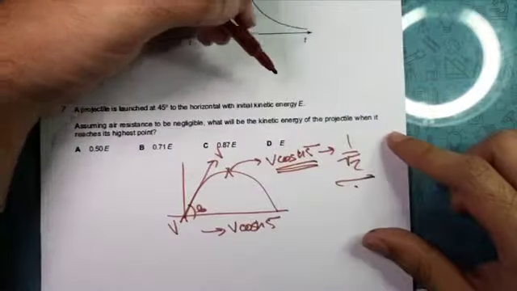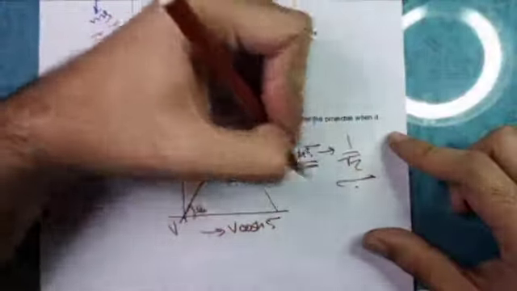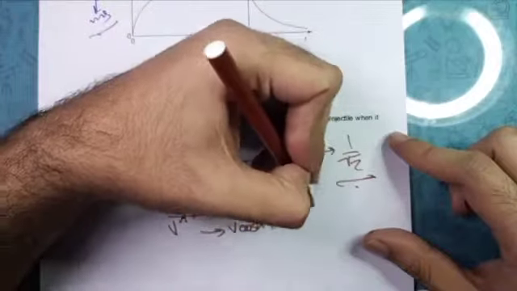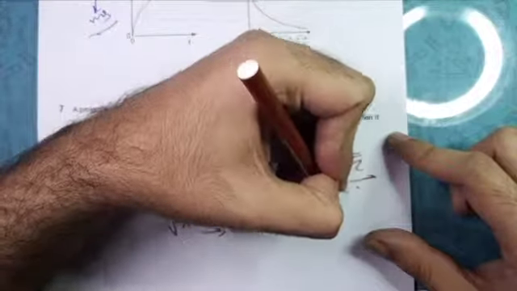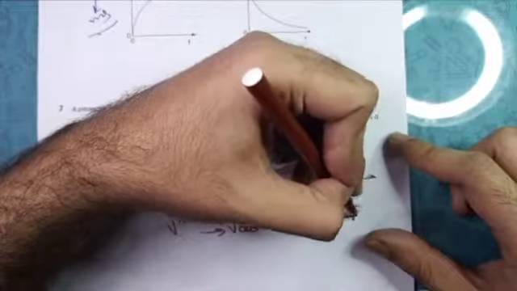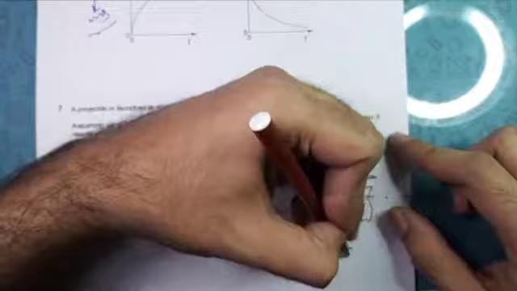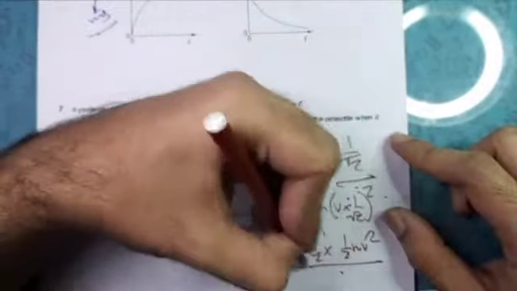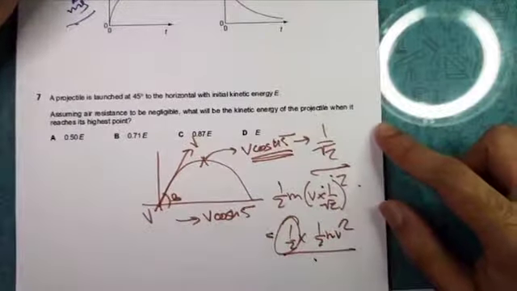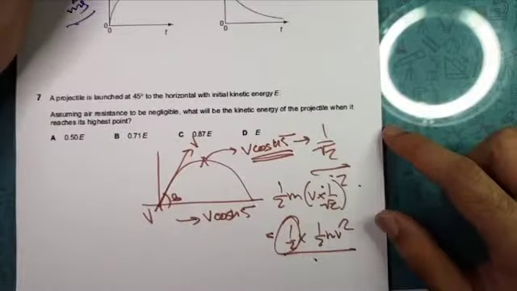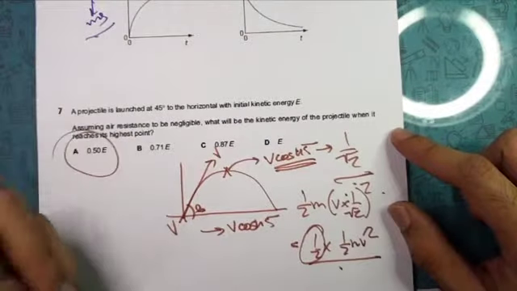So the kinetic energy here is going to be half m into (v times 1 by root 2) squared. This gives us half into half mv squared. So the kinetic energy drops to half of its original amount, and the answer is going to be 0.5 E.